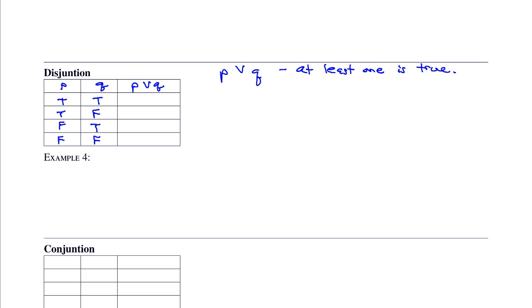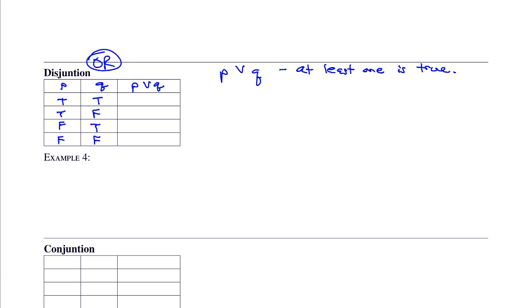Okay. Now, disjunction is or. So let's put that here in sort of super letters. Now, this is math or. This is not normal vernacular or. If you go to your friend and you say, let's go to McDonald's or Taco Bell, then presumably you only go to one of those.